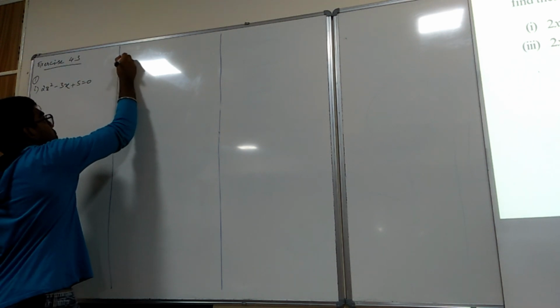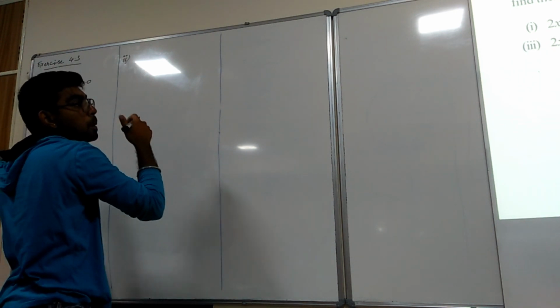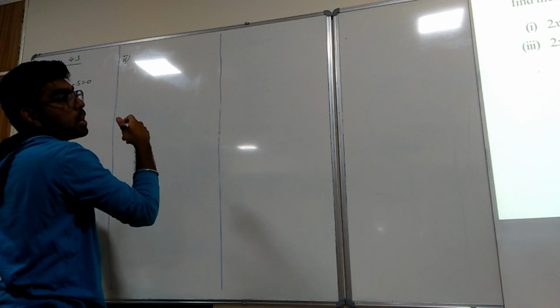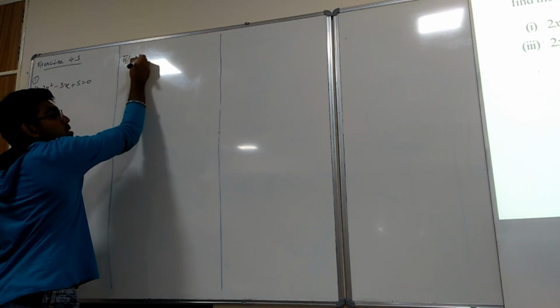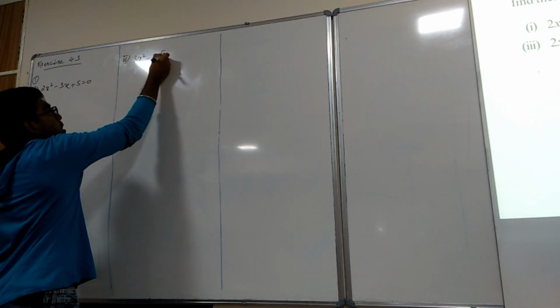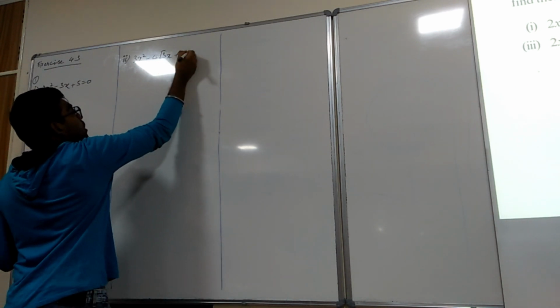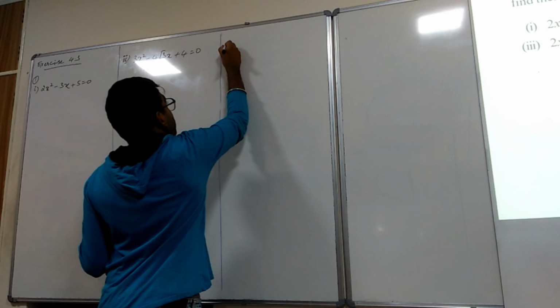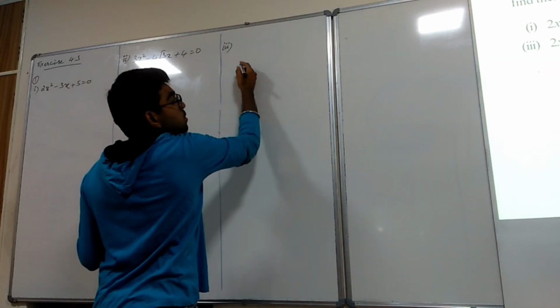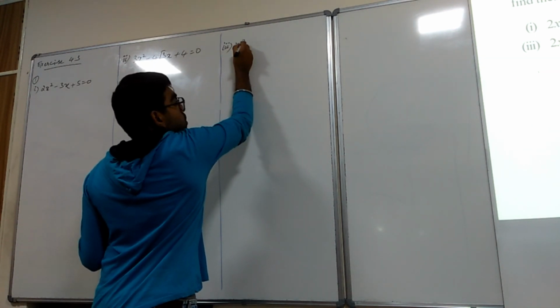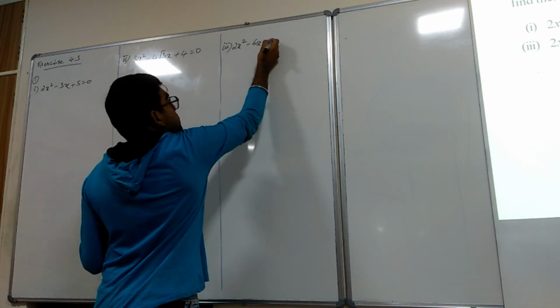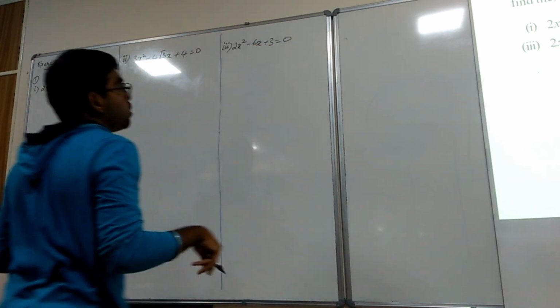Second sub question we have here is 3x square minus 4 root 3 x plus 4 equals 0. Third sub question we have here is 2x square minus 6x plus 3 equals to 0.